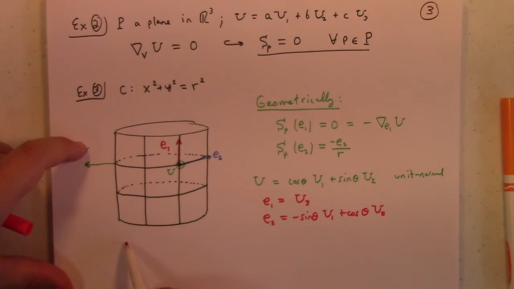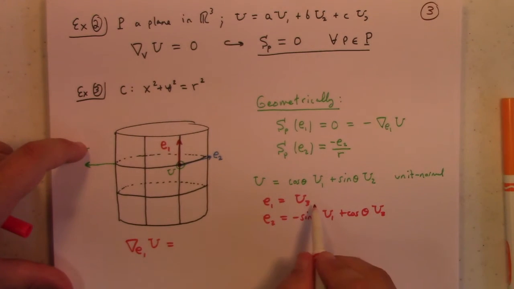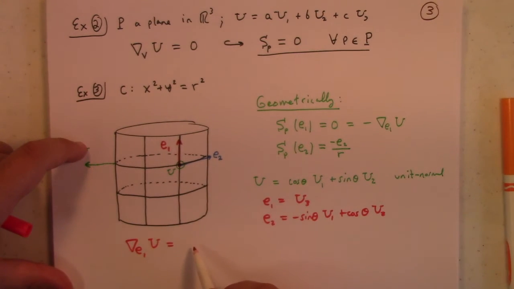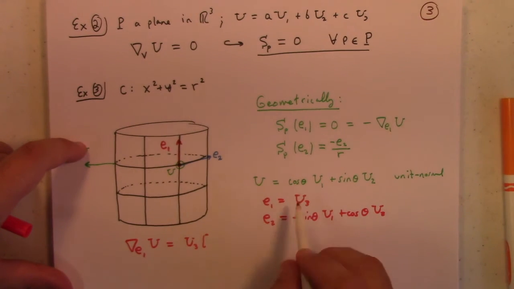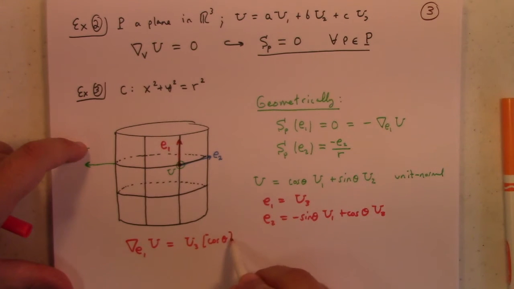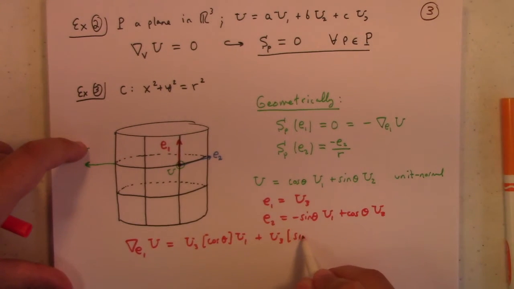And so the covariant derivative in the E1 direction of U is what? I'll write it out. It's U3 acting on the first component function, cosine theta U1, plus U3 acting on sine theta U2.